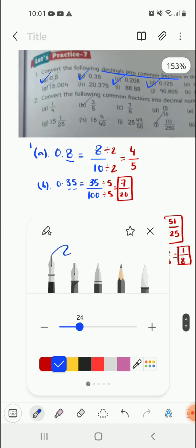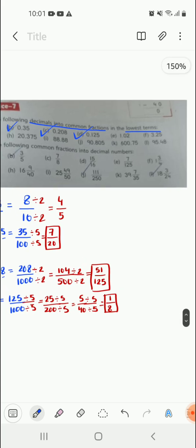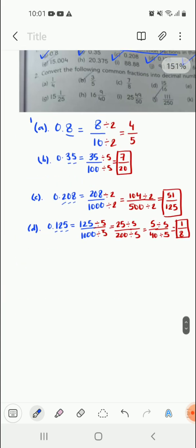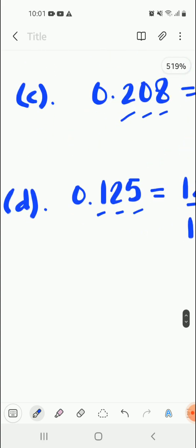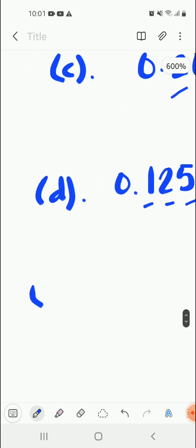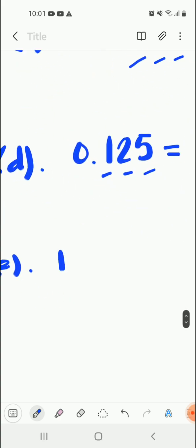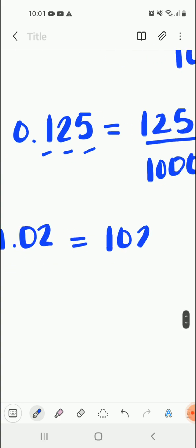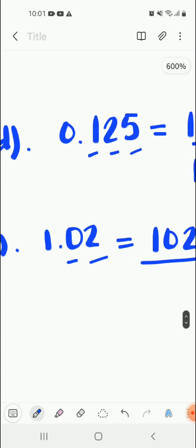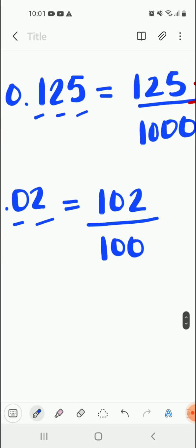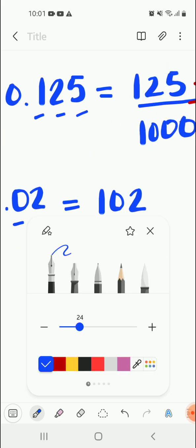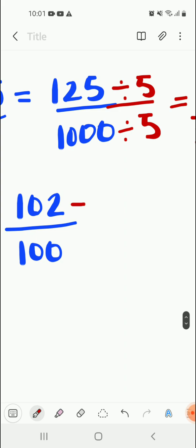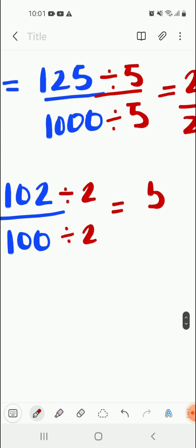Number E, 1.02. We can write the number as 102. There are 2 decimal places, so there will be 2 zeros. Divide both the numbers by 2, we get 51, and here we get 50.